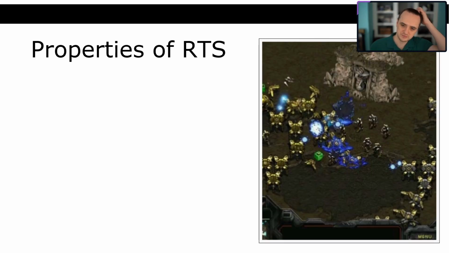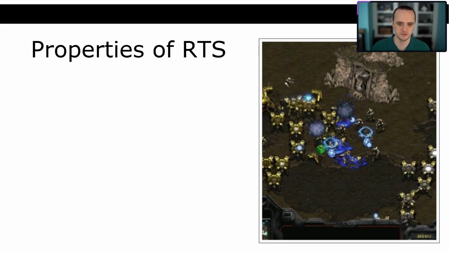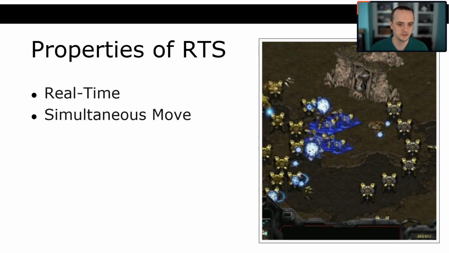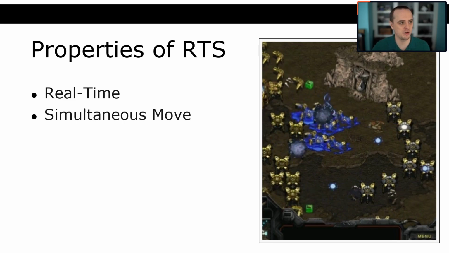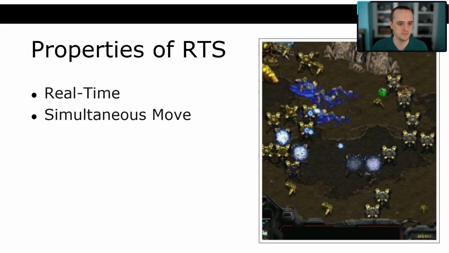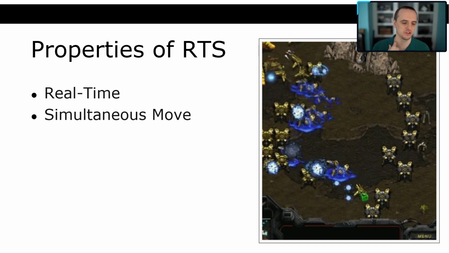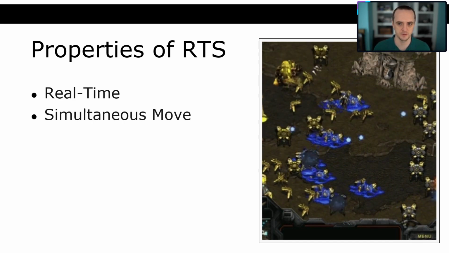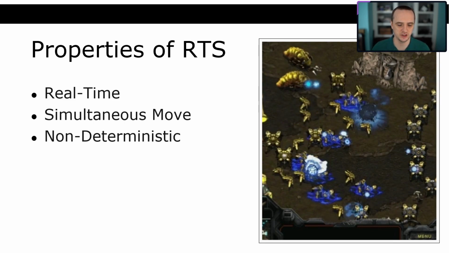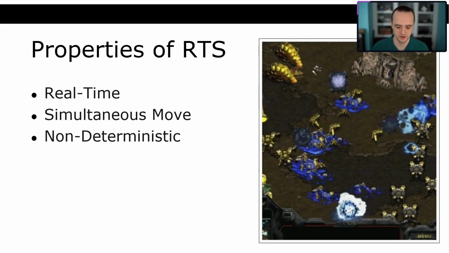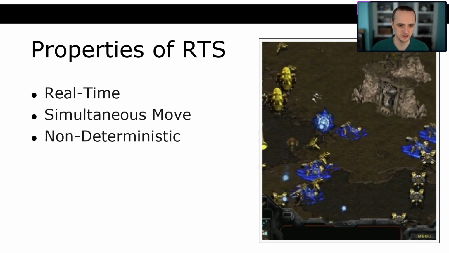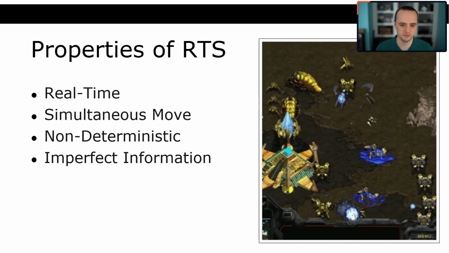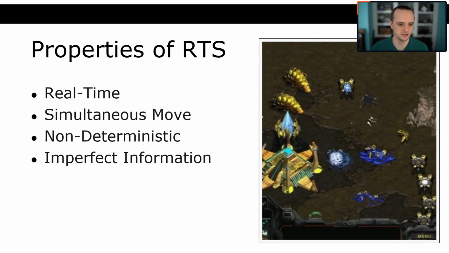Okay. Some of the properties of real-time strategy games we just talked about: it's real-time. You have simultaneous moves, so you and your opponent are acting at the same time, which is an additional problem. Unlike chess, where you see a move and then respond to it, you're acting at the same time. It's non-deterministic. There is some randomness in StarCraft with respect to unit targeting, where you get placed on the map, etc. It's imperfect information, so you can't see your opponent's units unless you scout them.